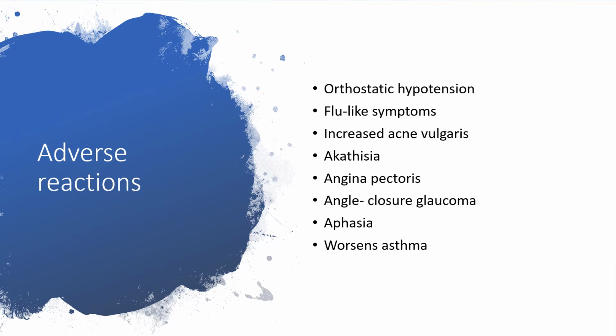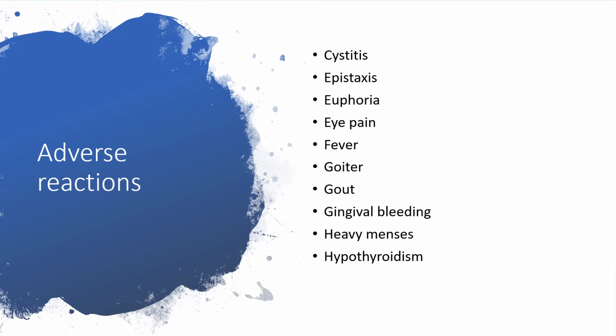The list goes on to include orthostatic hypotension, flu-like symptoms, increased acne vulgaris, akathisia, angina pectoris, angle closure glaucoma, aphasia, worsening asthma. Also, it could bring about cystitis, epistaxis, euphoria, eye pain, fever, goiter, gout, gingival bleeding, heavy menses, or hypothyroidism.